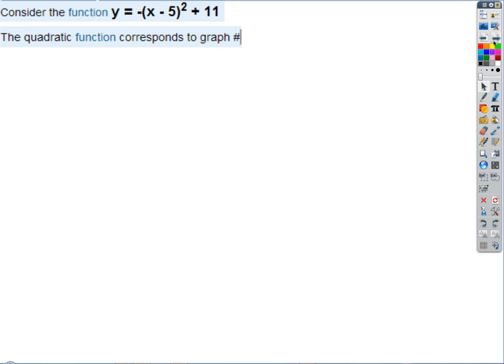Okay, so to me, this one I would claim is a pretty simple one because all you have to do is recognize that graph, right? And so, in order to do this, we're in what form? Vertex form, with the h's and the k's. Good. So this is the form we're in.